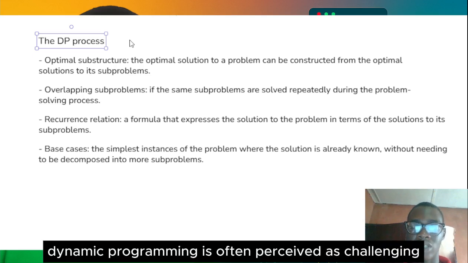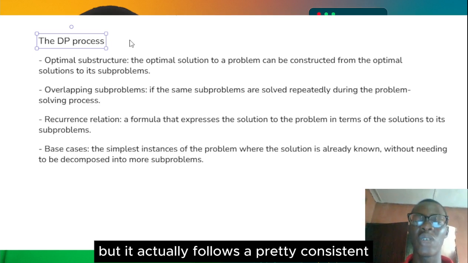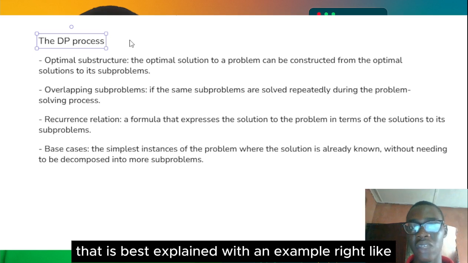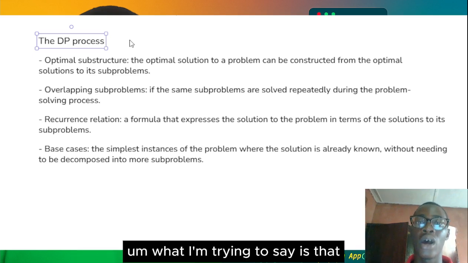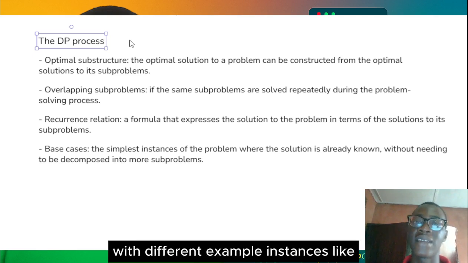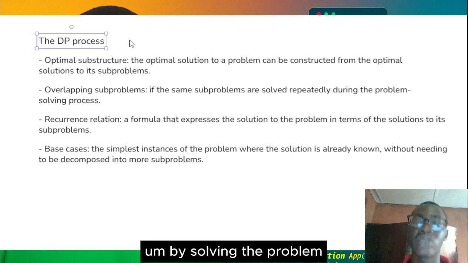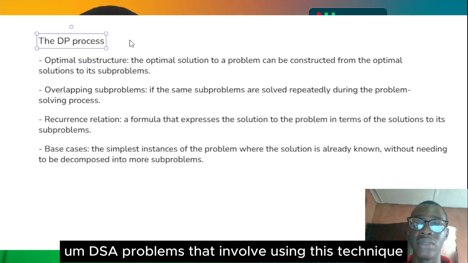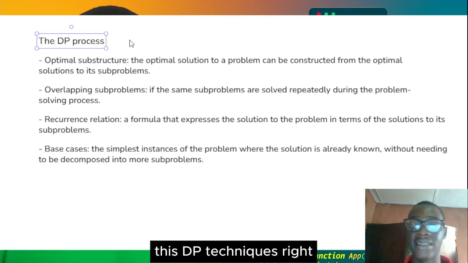Dynamic programming is often perceived as challenging, but it actually follows a pretty consistent problem solving process that is best explained with an example, right? What I'm trying to say is that dynamic programming is best explained by solving DSA problems that involve using this DP technique.